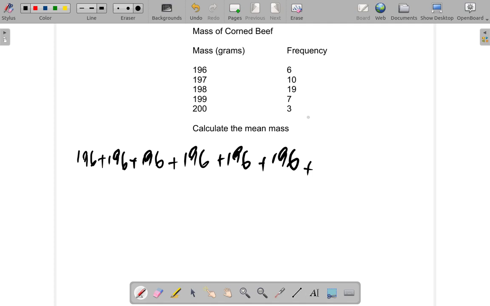Those of you who study science would recognize, since it's grams I'm dealing with, it's mass.